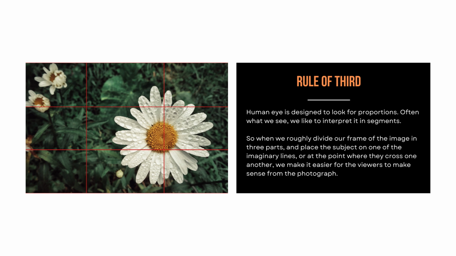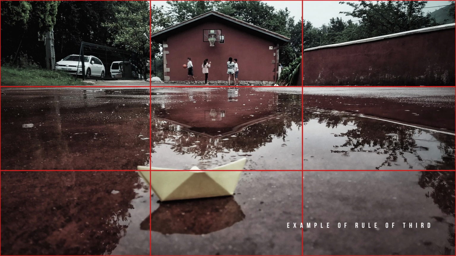It makes it easier to interpret, because we are designed as human beings to interpret everything in segments. So you will help your viewer to engage with the photo easily if you use the rule of thirds.